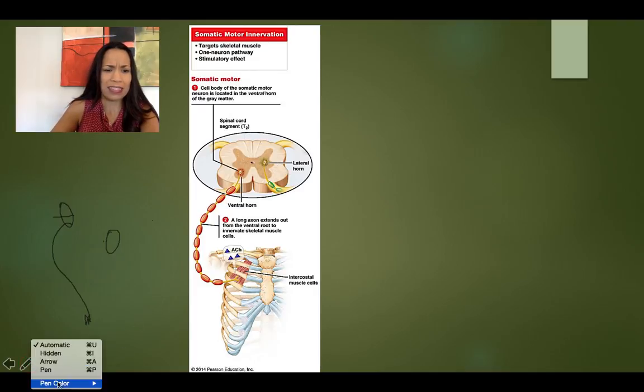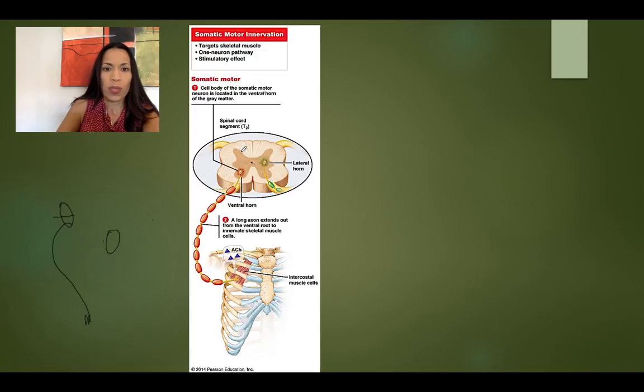Remember, I said that in the thoracic segment of the spinal cord, we have the anterior and posterior gray horn, like in any other segment, but in here we have additionally the lateral gray horn, okay? So in these segments, and this is only another example of the same thing, the somatic motor neuron is located on the anterior gray horn of the spinal cord.